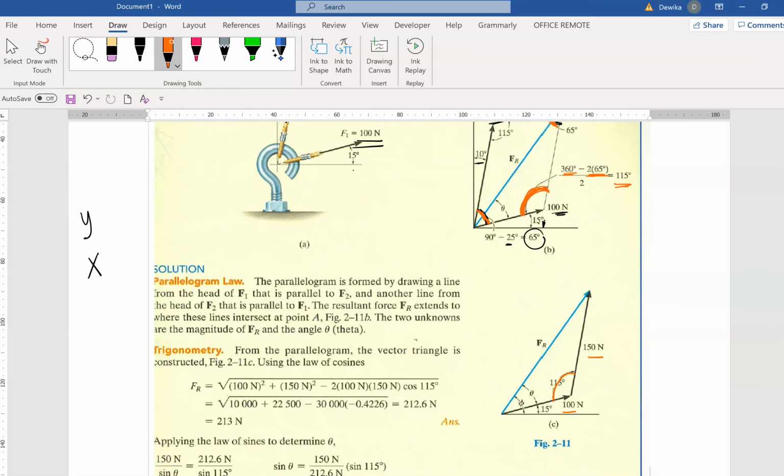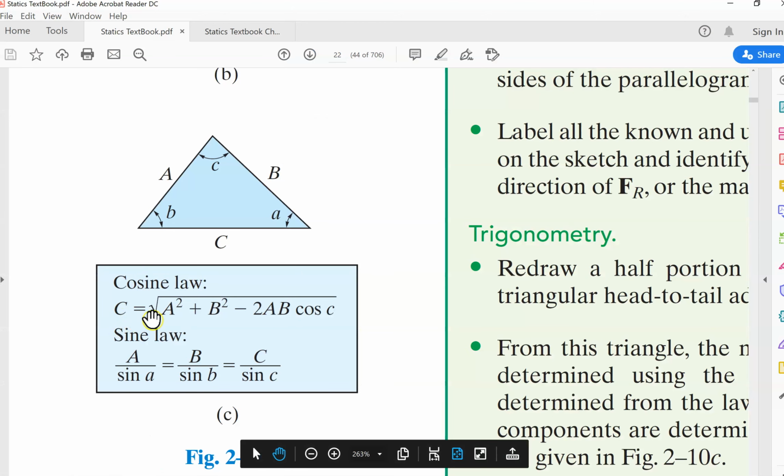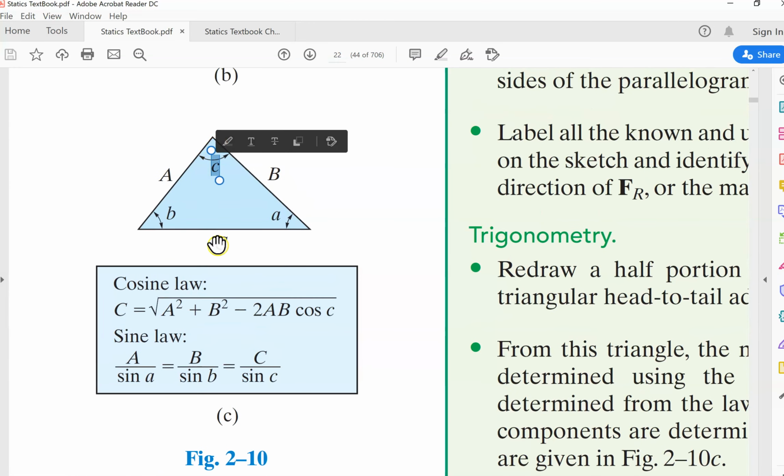So what is the force resultant? Remember your cosine law. Going back to the textbook, remember this law here? We have C. The angle here, the opposite, would be the C. Here would be the B, and here would be the A. Of course, you can rearrange anything, but what I'm trying to say is that the opposite angle has to refer to the same formula.